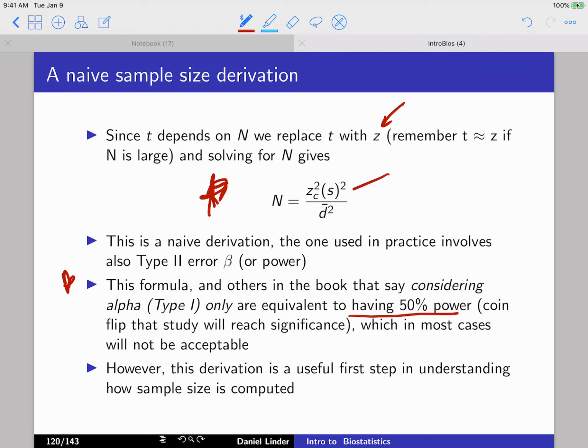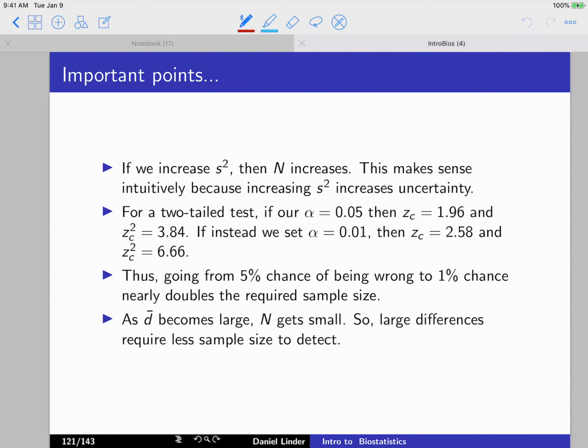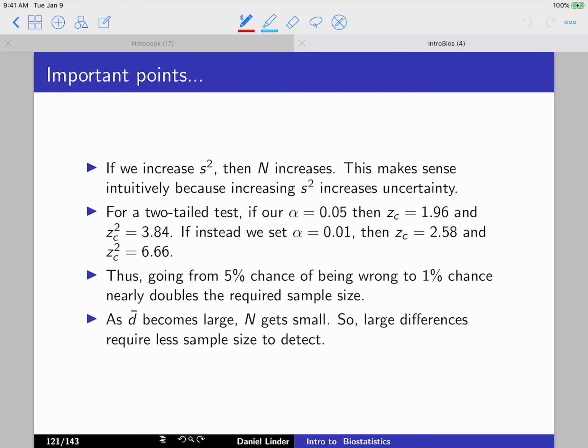So if we increase s, then naturally n is going to increase. Intuitively that makes sense, because if we increase our uncertainty, then of course we need more observations in our sample to overcome that increased uncertainty.